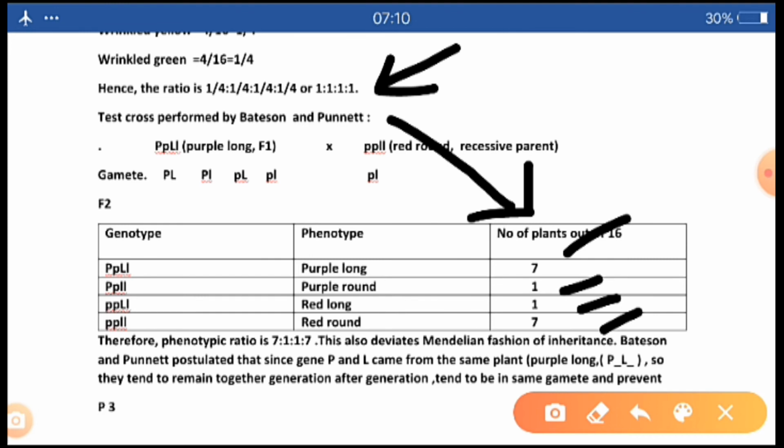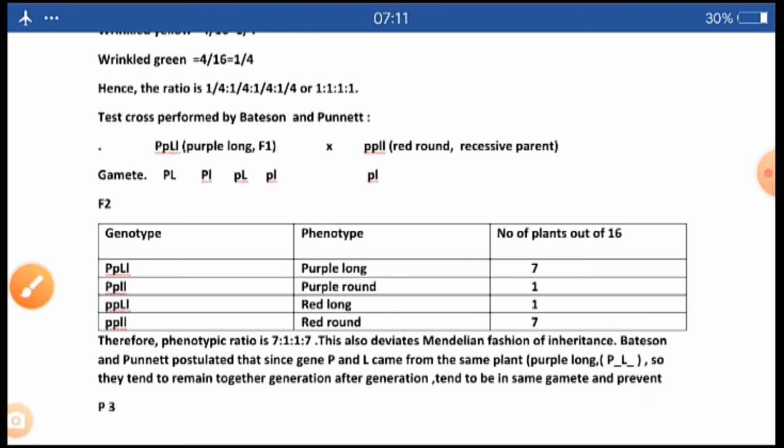Bateson and Punnett explained the deviation, and they said that since the dominant factors are from the same plant, in the parent generation we have seen that capital P and capital L are from the same parent, hence they tend to remain together generation after generation, and they prefer to enter the gamete together, violating Mendelian principle. Okay.